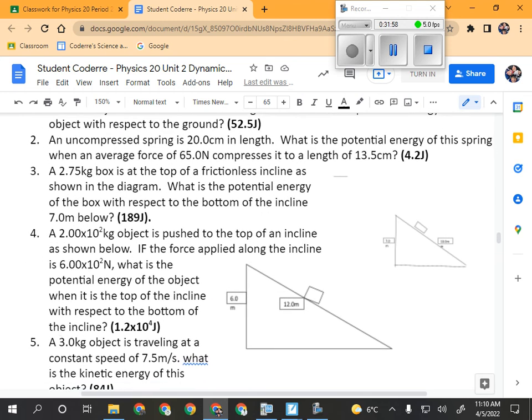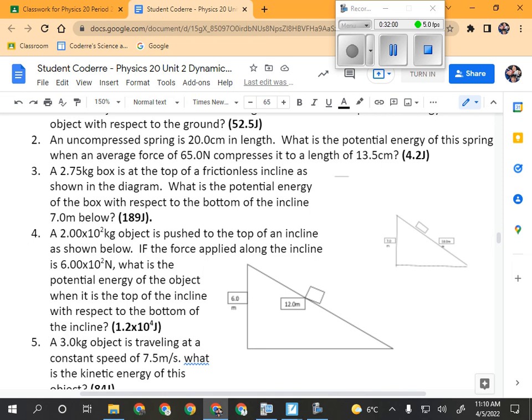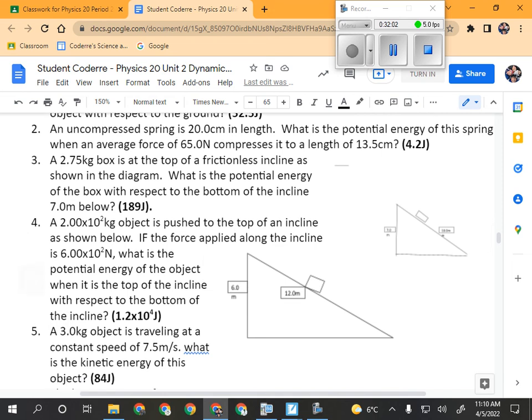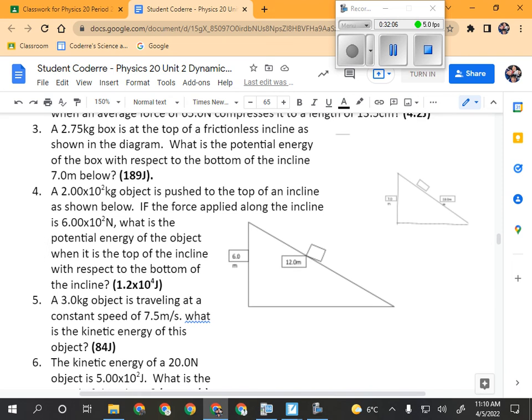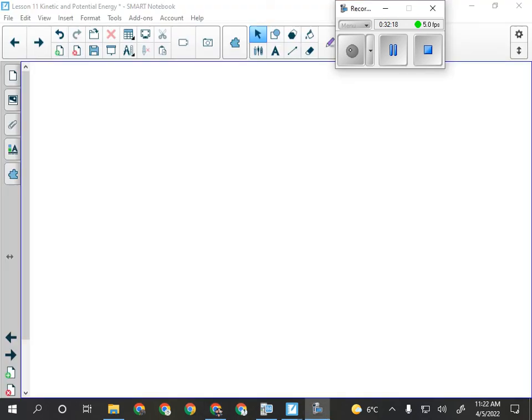I'd like you guys to do, let's say, 3, 4, and 5. Just give those ones a try. We'll see how we do there, and then we might just start talking about conservation of energy if those don't give you any trouble. Okay, let's see what we remember from Science 10.